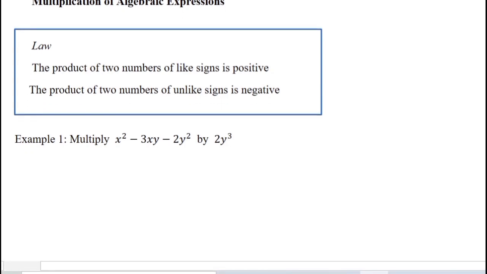We are asked to multiply x squared minus 3xy minus 2y squared by 2y cubed. We would have 2y cubed multiplied by x squared minus 3xy minus 2y squared.